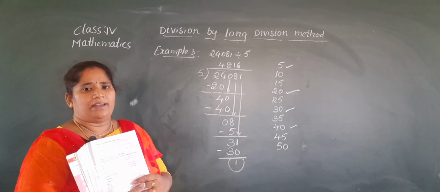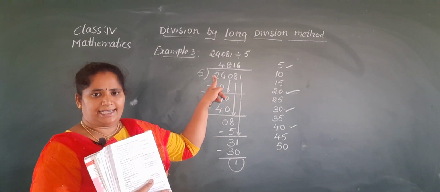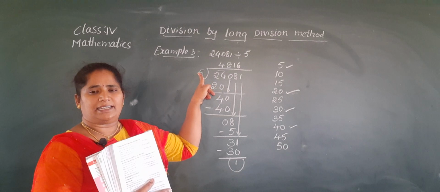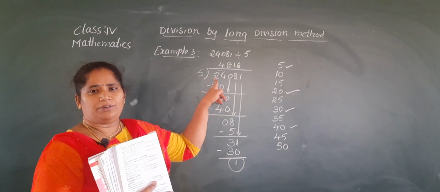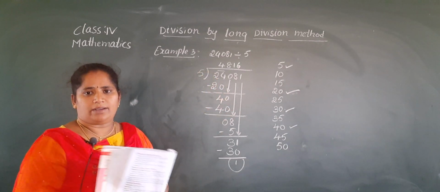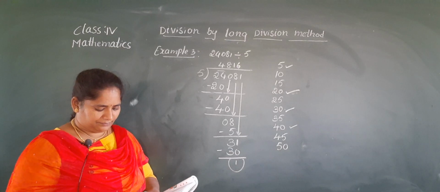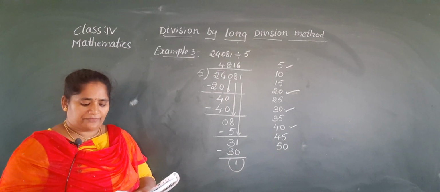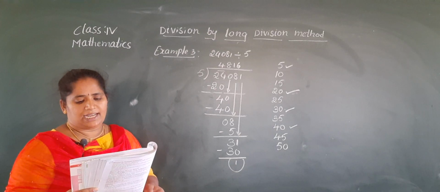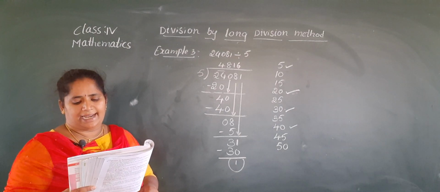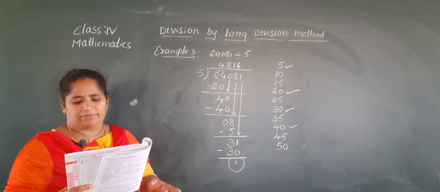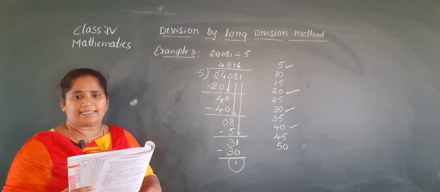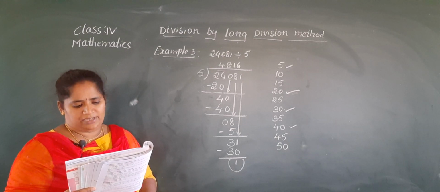If the first digit, that means the highest digit, is smaller than the divisor, then you take two numbers and divide. If the first digit of the dividend is not divisible by the divisor, then consider the next digit also for division.